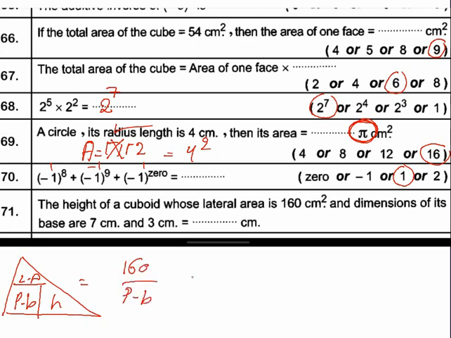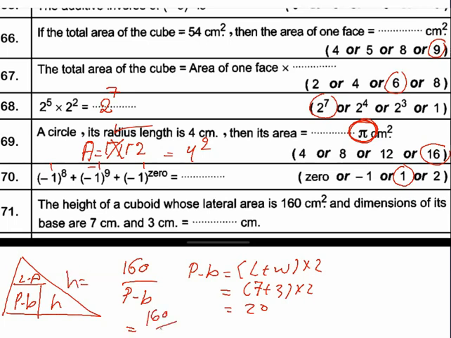No, so you can get it firstly. Perimeter of the base equals length plus width times 2. So length 7 plus 3 times 2 equals 20. So now the height equals 160 divided by 20, it will be 8 centimeters.